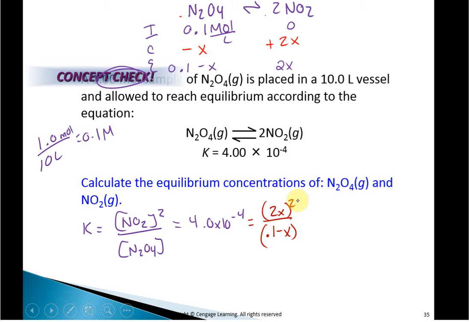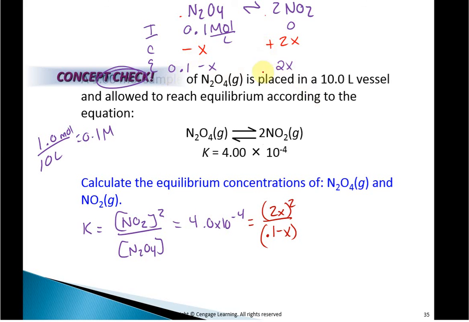Now you can totally solve for your x value by doing the quadratic equation. For the most part though, guys, I don't care. The idea is chemists are lazy. We're going to make an assumption that is going to work all the time and give us less than 3% error. So let's look at that.